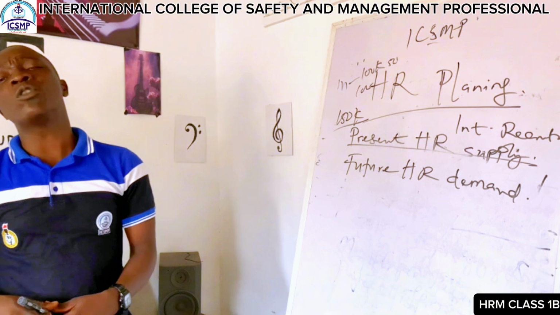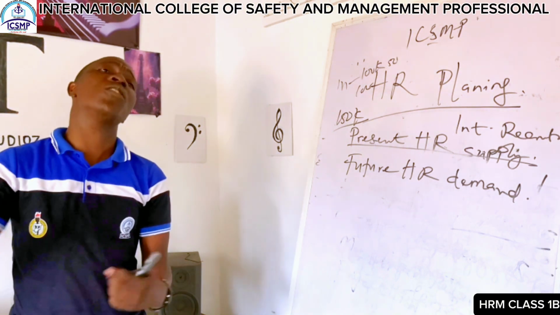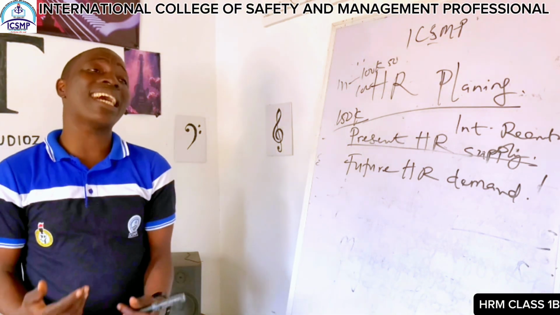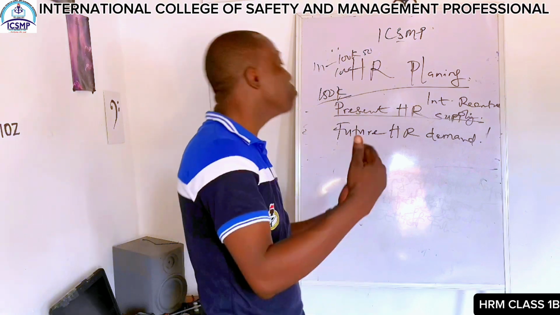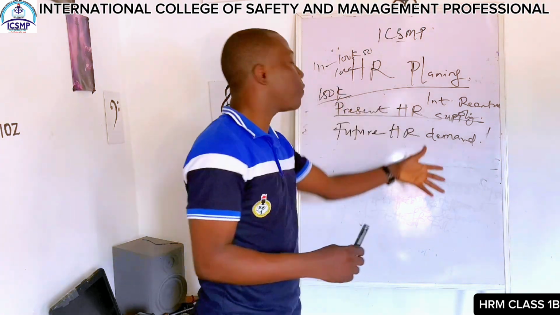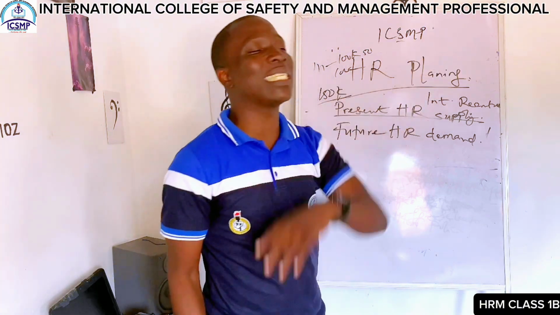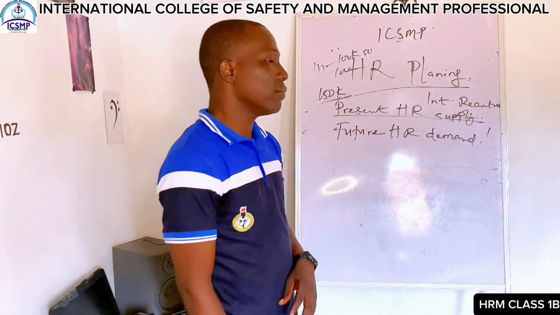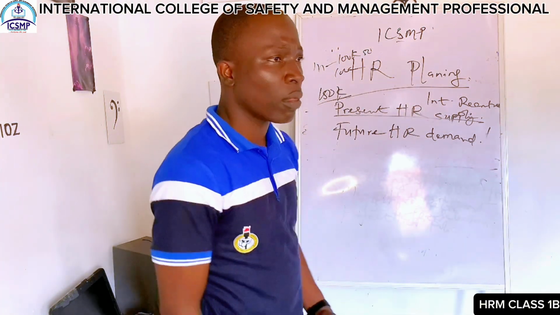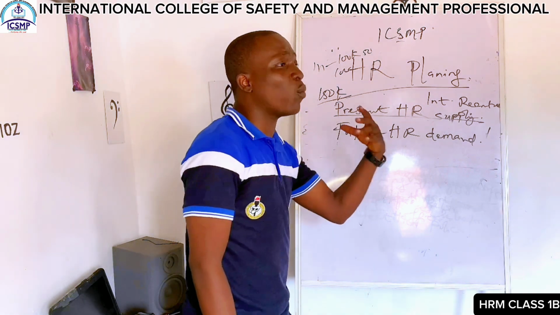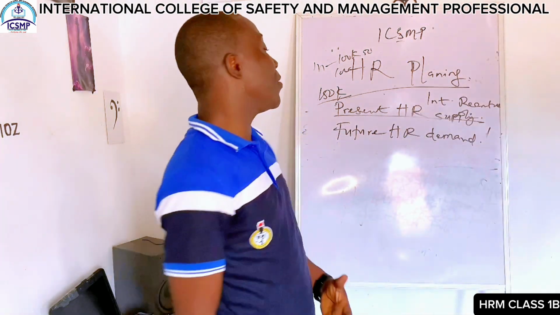This concept is looking into the future, unforeseen, or even premeditated or assumed future need of an organization. And while you are planning your recruitment, you also put this in mind. You have it in mind: okay, what happens in the future? What could be the future need of the organization?